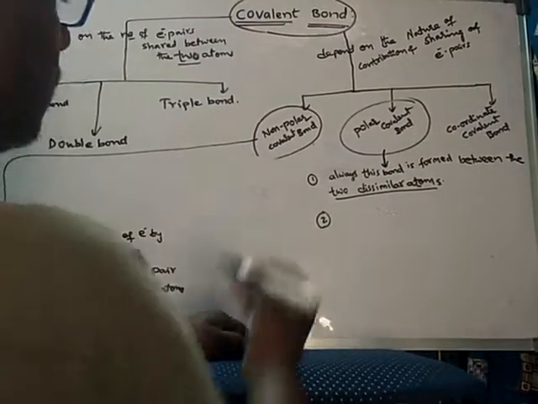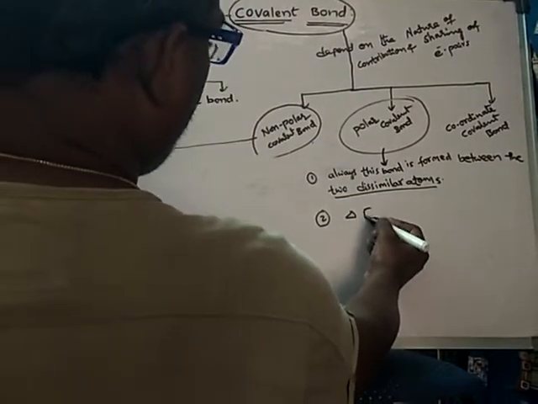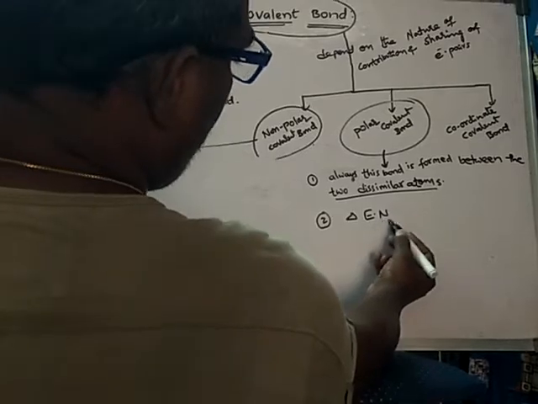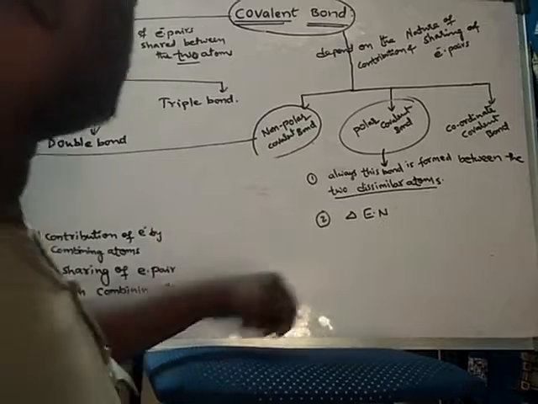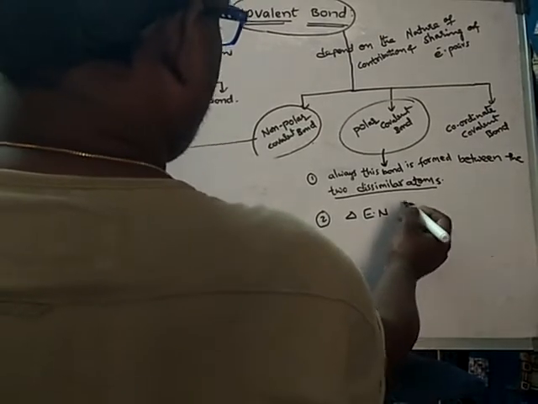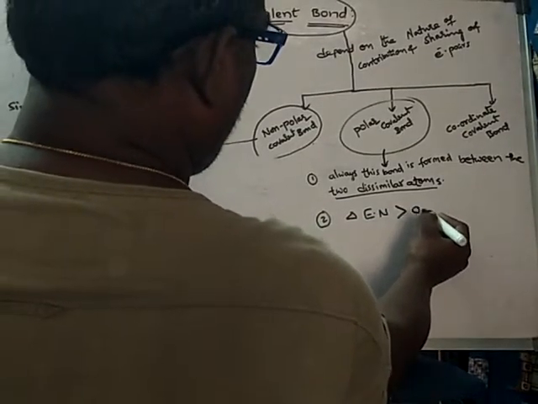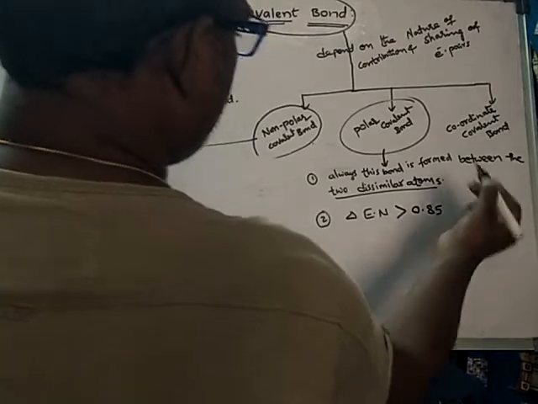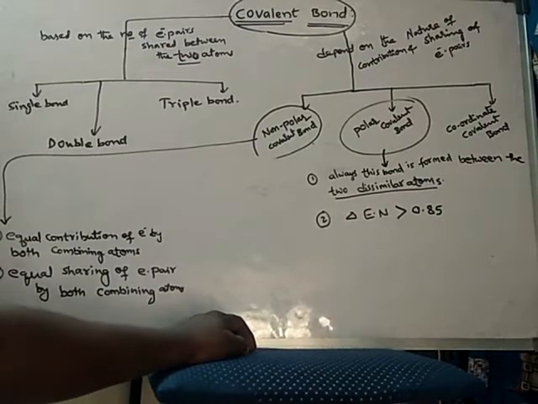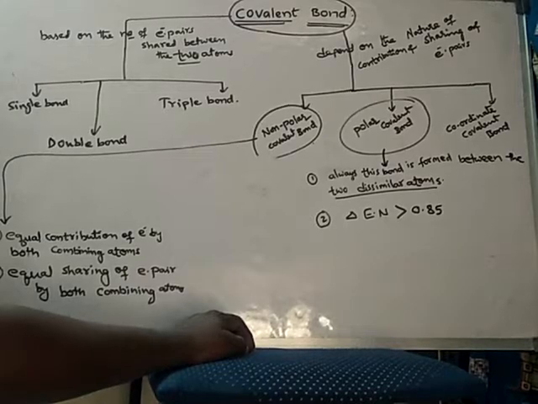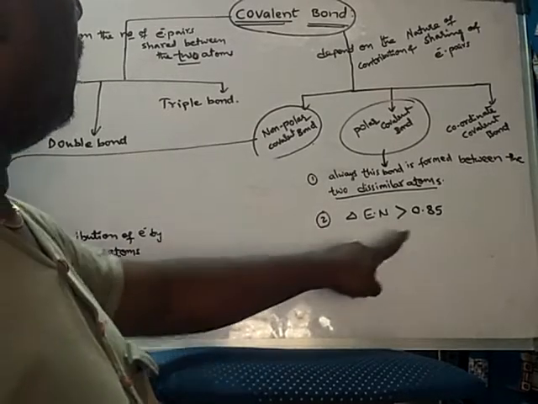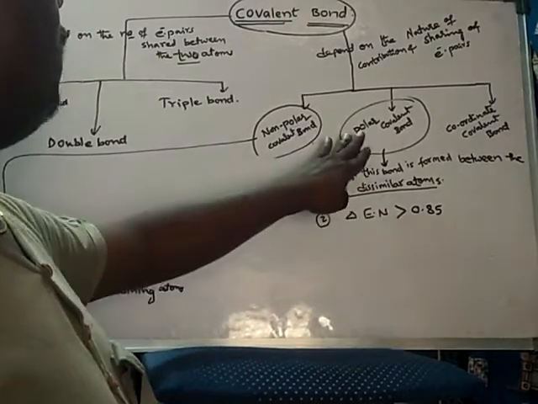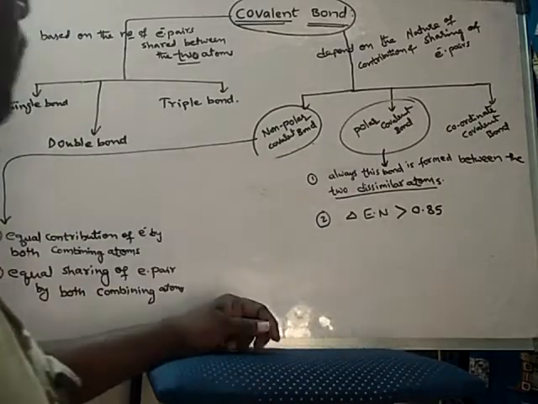And the condition is electronegativity difference. Delta stands for difference. It should be greater than 0.85. If the electronegativity difference is greater than 0.85, then the bond formed between the two atoms is said to be a polar covalent bond.